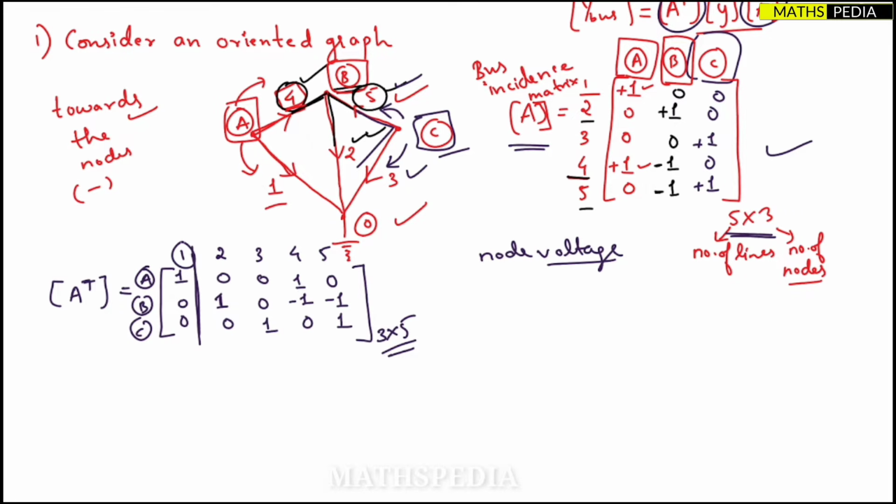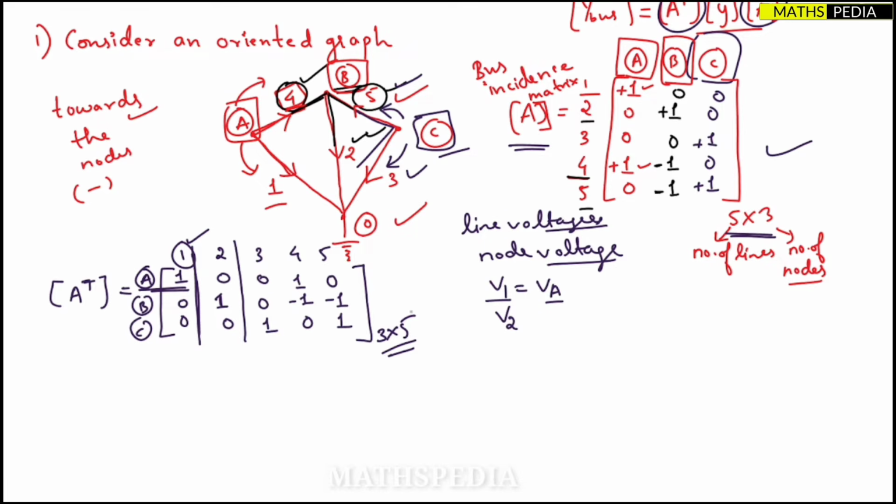It is related to the first line, so we can write V1 is equal to VA, correct? V1 is equal to VA. For the second column, V2. V1, V2, V3 are all line voltages, and VA and the others will be node voltages. So line voltages and node voltages.